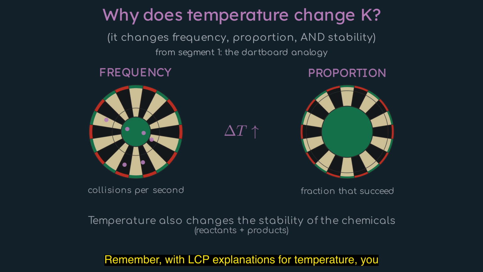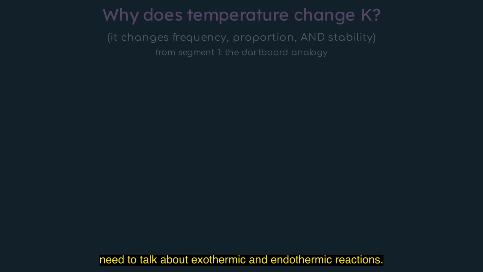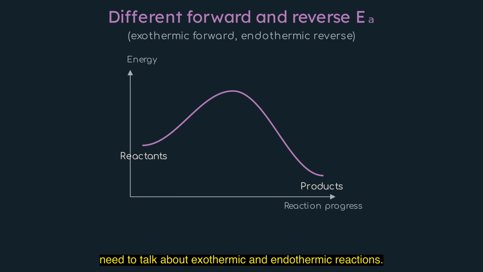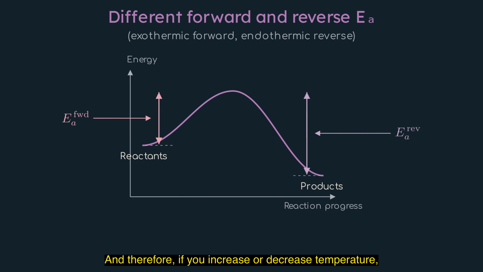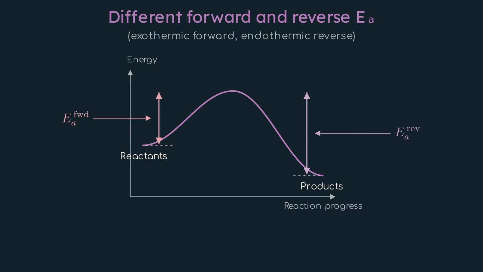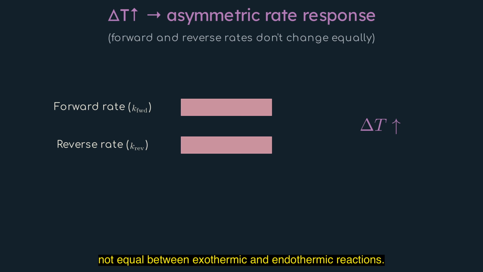Remember, with LCP explanations for temperature, you need to talk about exothermic and endothermic reactions. Both of these reactions have different activation energies. And therefore, if you increase or decrease temperature, the proportion of successful collisions is not equal between exothermic and endothermic reactions.